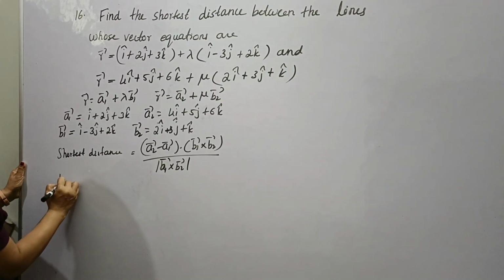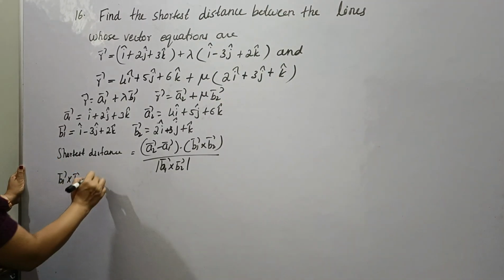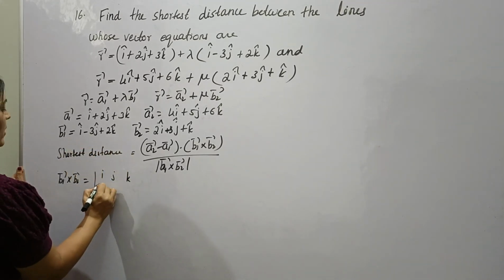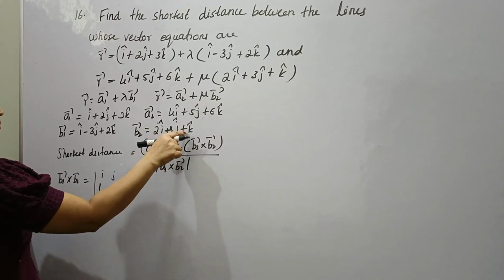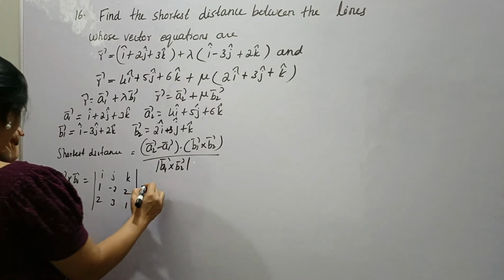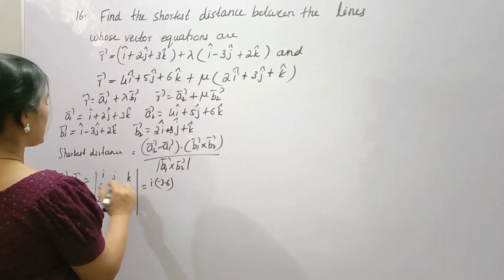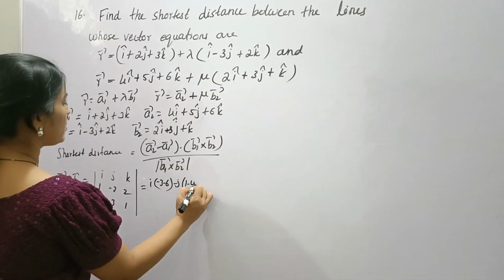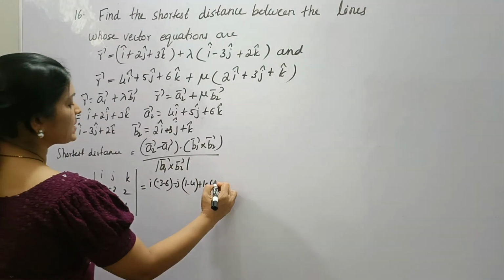Now let's find vector b1 cross vector b2. That is equal to the determinant with rows i, j, k; 1, minus 3, 2; 2, 3, 1. That is i into minus 3 minus 6, minus j into 1 minus 4, plus k into 3 plus 6.